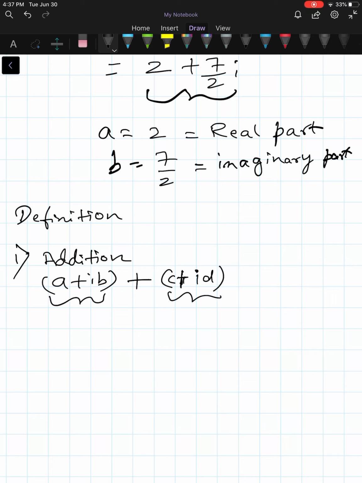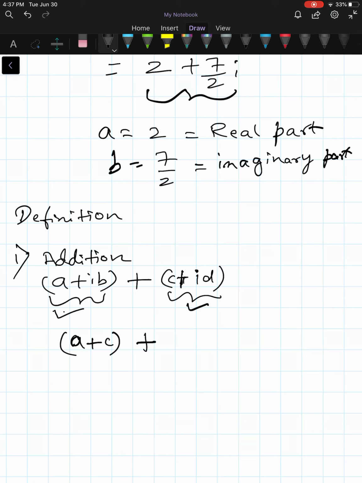This is one complex number and this is another complex number. It is nothing but adding the coefficients of the real parts and adding the coefficients of the imaginary parts of each of the numbers. Adding the real parts, that would be a plus c, plus, and adding the coefficients of the imaginary parts.